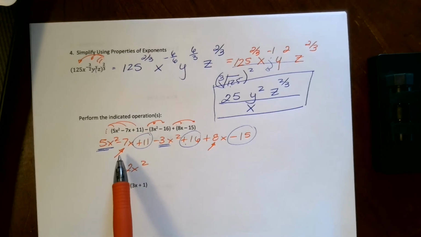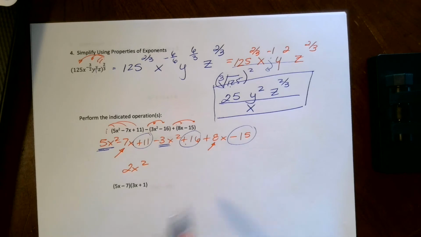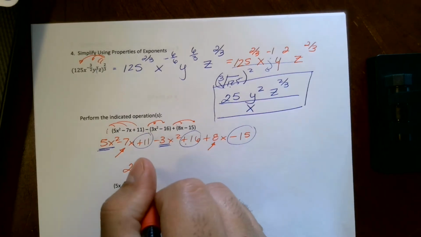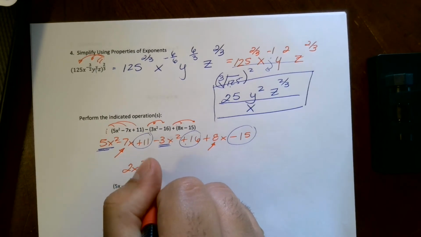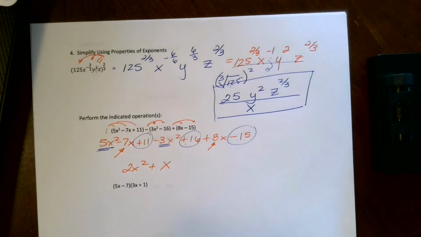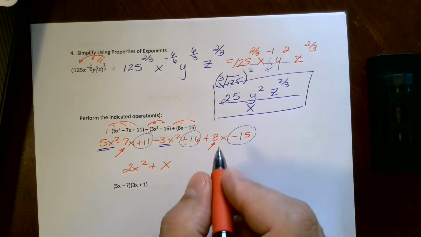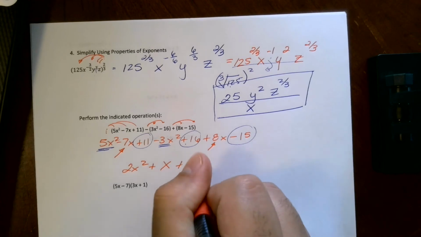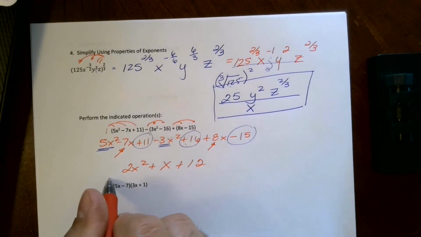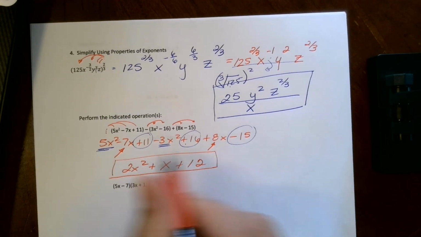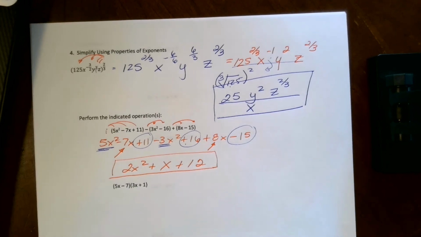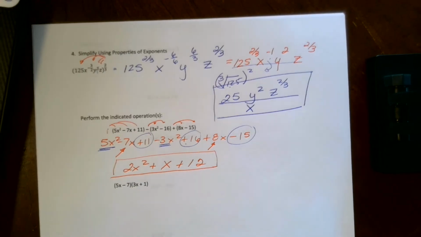I have a negative 7x and a positive 8x. 8 minus 7 is 1x. So I could just write 1x or just x there. And then I have 11 and 16, which is 27. 27 minus 15 is a positive 12. Combine my constants, combine my first degree terms, then my second degree terms, and that's what it looks like in the end.